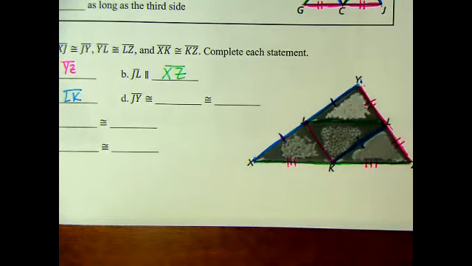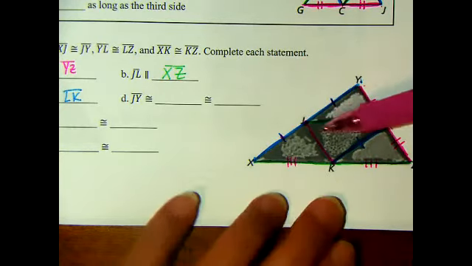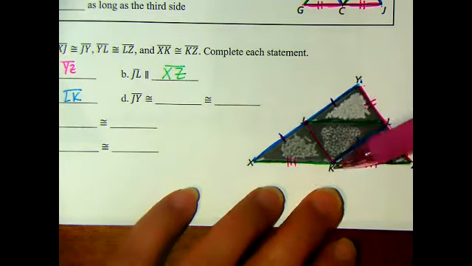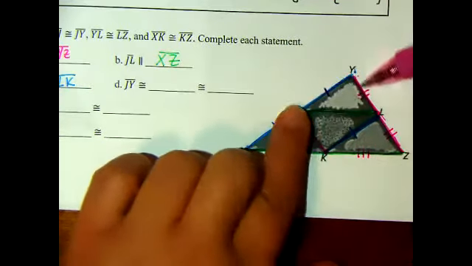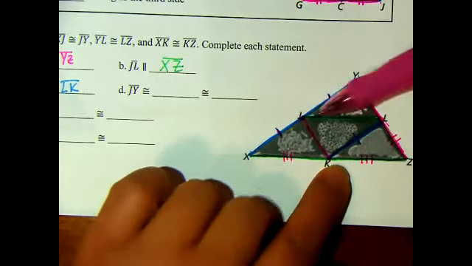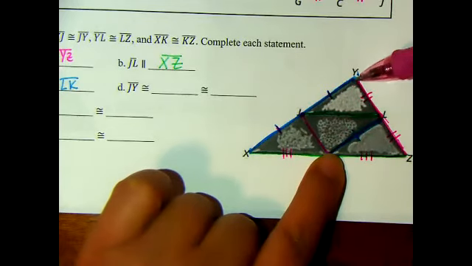Similarly, if JK is parallel to YZ, then that means JK is congruent to YL and LZ.